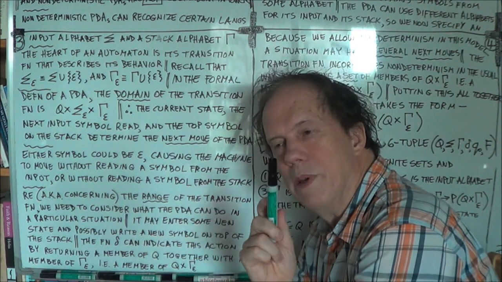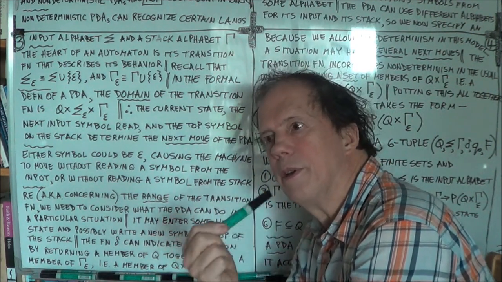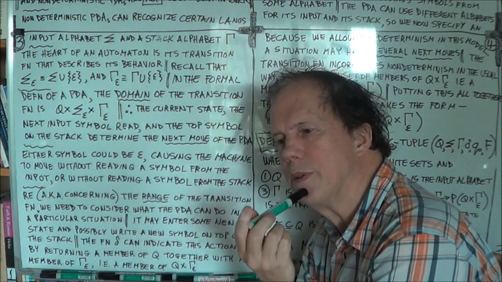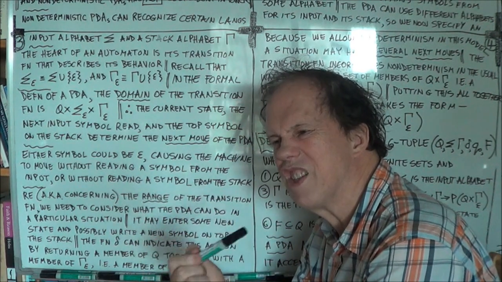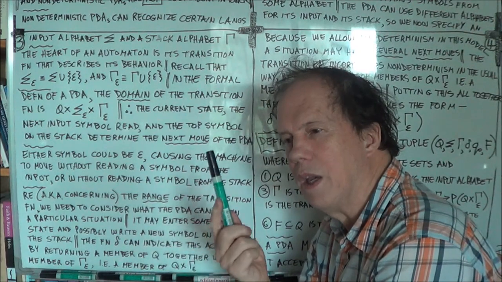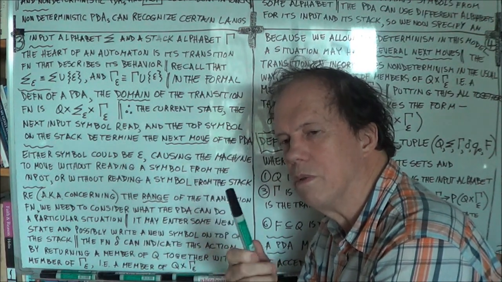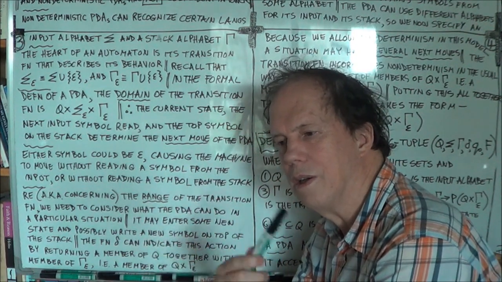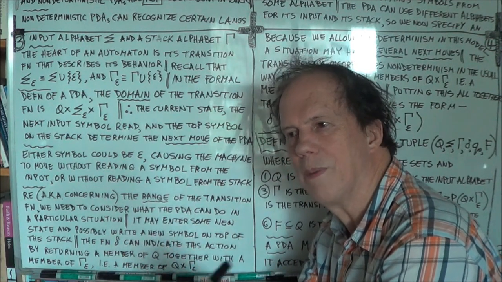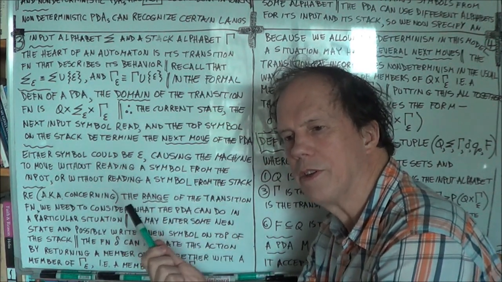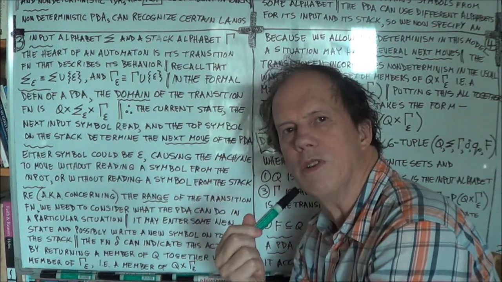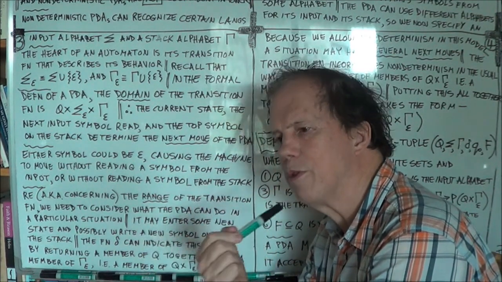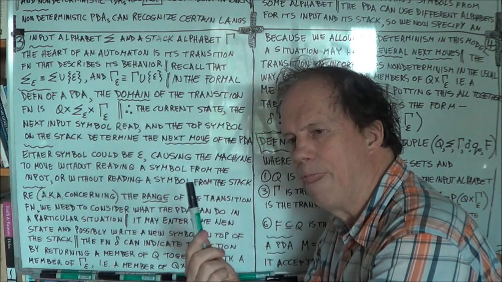Let's see, be the PDA yourself. Imagine you're the transition function, and you have to look at the bits of information that are coming in, and then decide on the basis of that information what you do next.